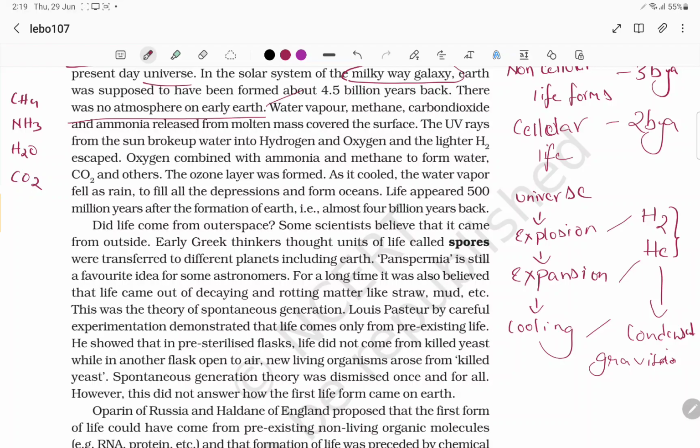These were released from the molten lava. So what happens with the UV rays? UV rays will be acting on these.